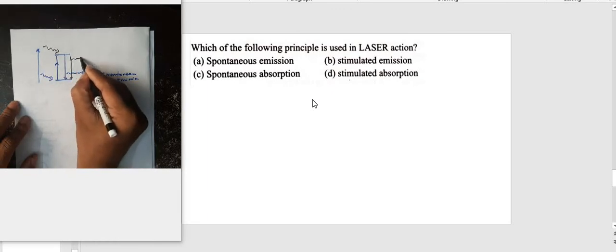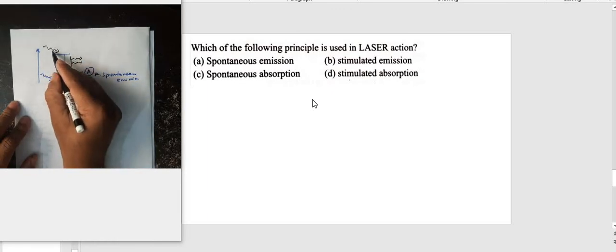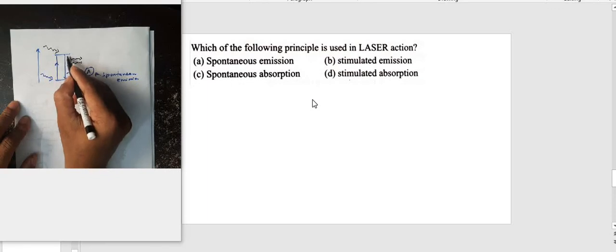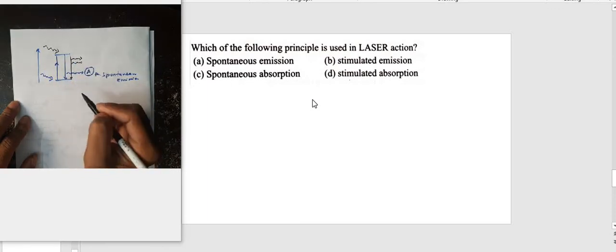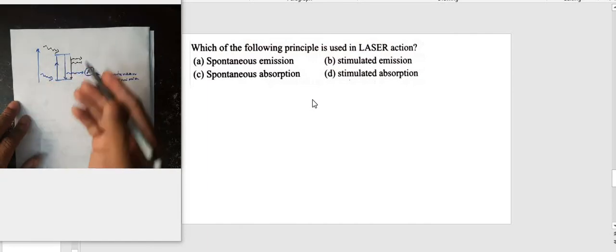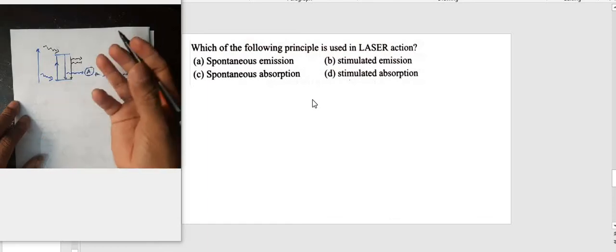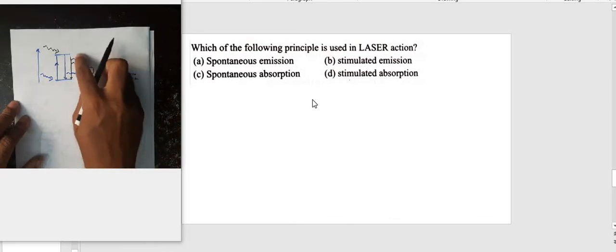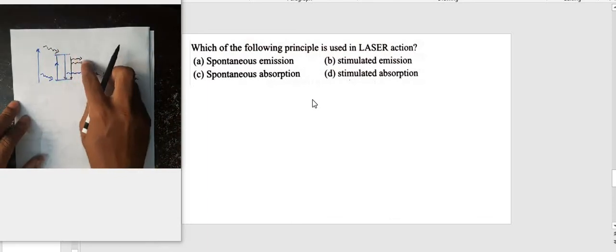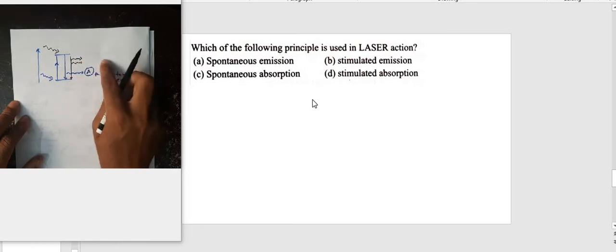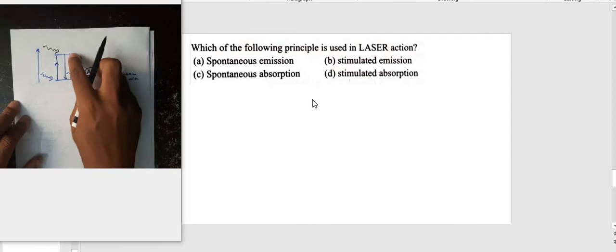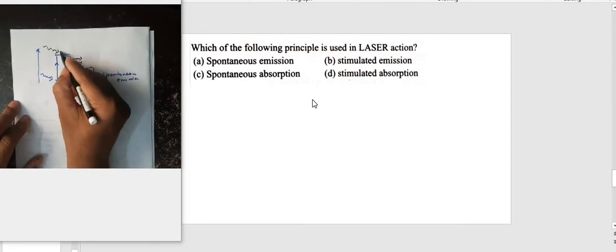If one photon hits one molecule in the excited state, you'll get two photons. This is what we call amplification. So we are amplifying the signal. One photon gives you two photons as a result. Therefore, this is called stimulated emission, because in this emission you require a photon.